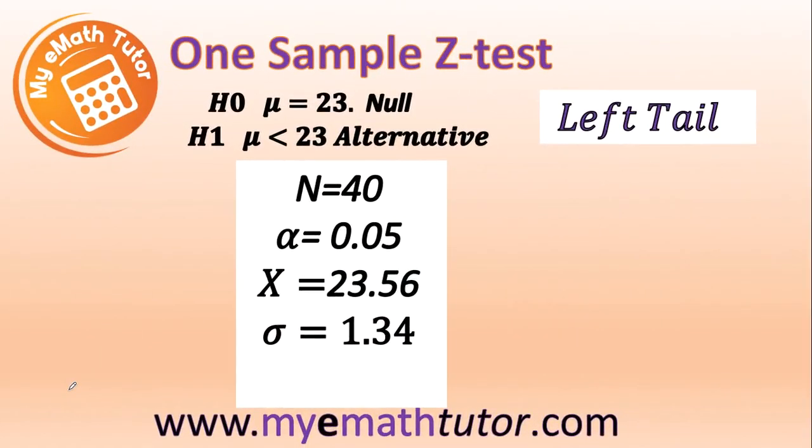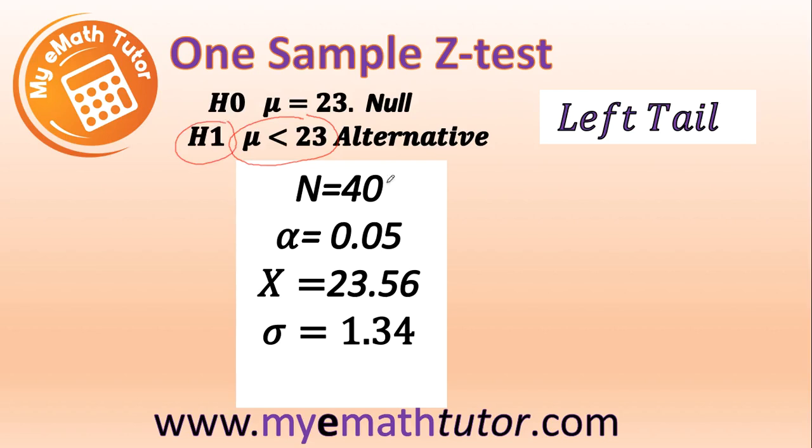In this case, we need to set up the null and the alternative. Remember, the claim is always the alternative, because in this case they're saying that it's less than 23 grams of sugar. So your alternative is going to be mu, which is the mean of the population in general, is less than 23. Now, remember, the alternative can never, never, never have an equal.